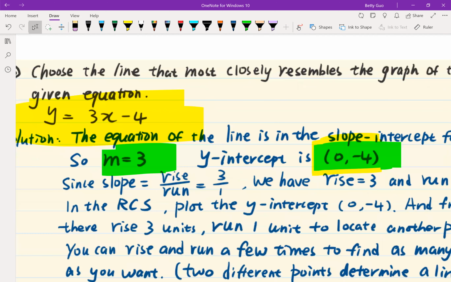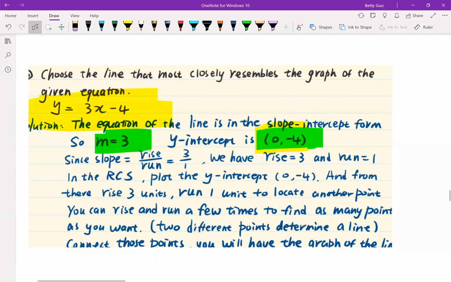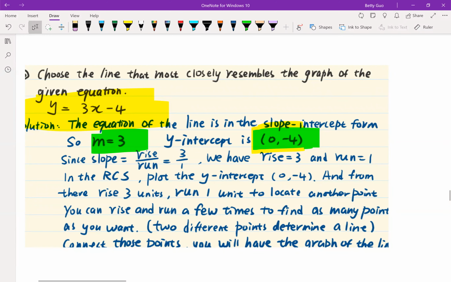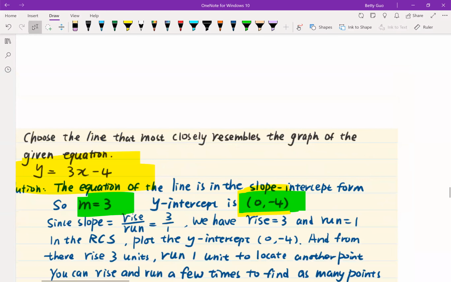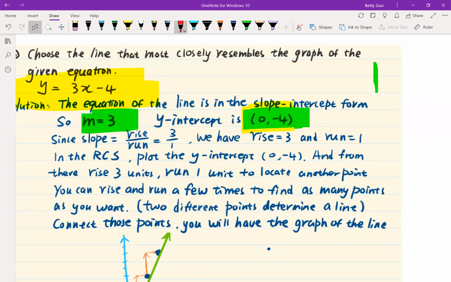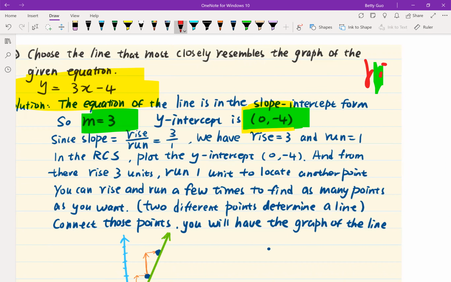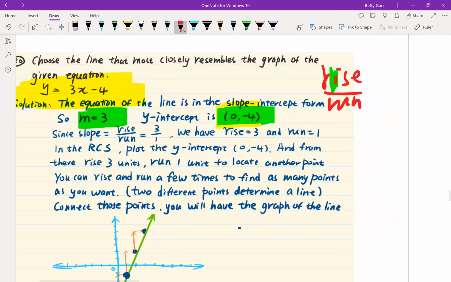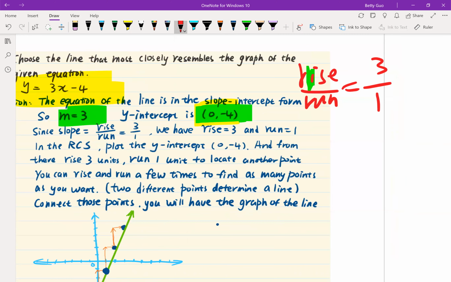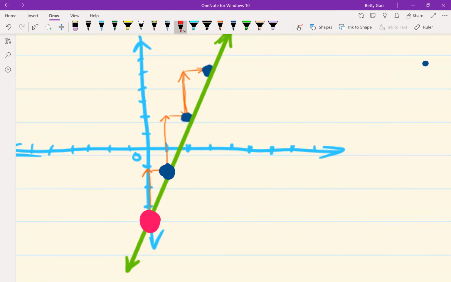More specifically, you plot 0, -4, the y-intercept. Since the slope is 3 over 1, rise over run, your rise is 3, run 1. You start from the y-intercept, go up 3, go to the right 1, and you have this point.